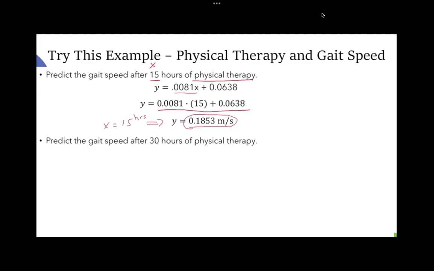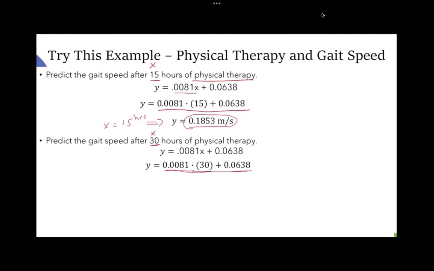Now, let's also do the same thing for 30 hours of physical therapy. We're going to let x be 30 now. Using the same equation, but letting x be 30, let's evaluate this expression on the calculator. So instead of me going back to the calculator, you now see how I've done this. You plug in 0.0081 multiplied by 30 plus 0.0638.